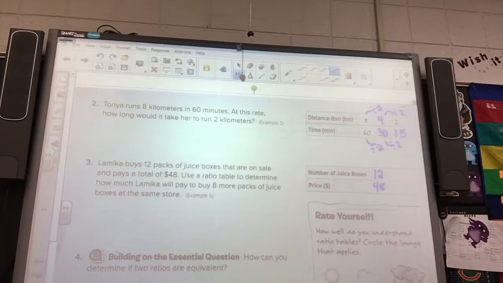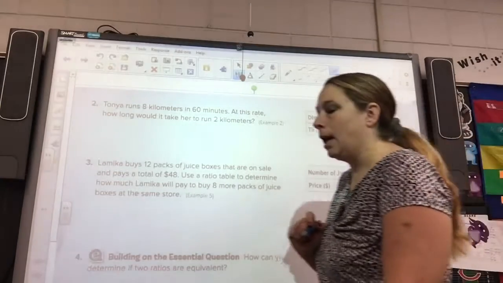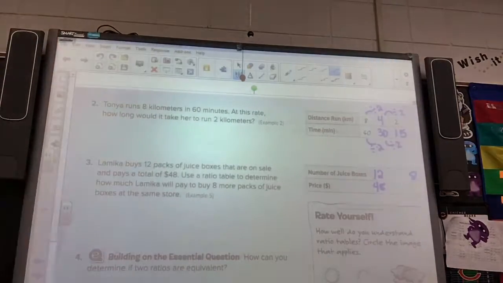Determine how much Lamika will pay to buy 8 more packs of juice boxes at the same store. So we need to put an 8 over here because that's the number of juice boxes, and now we have to figure out how in the world to get there.